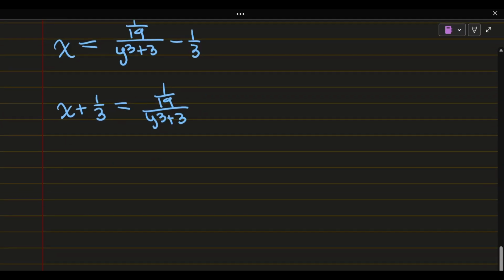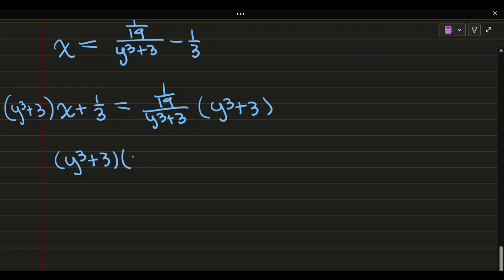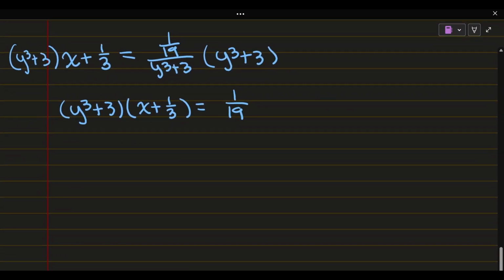And then how about I multiply both sides by (y cubed plus 3) to cancel that y cubed plus 3 in the denominator. So I have (y cubed plus 3) times (x plus 1/3) equals 1 over 19. And then I'll divide both sides by x plus 1/3.